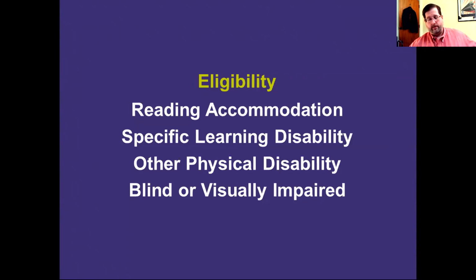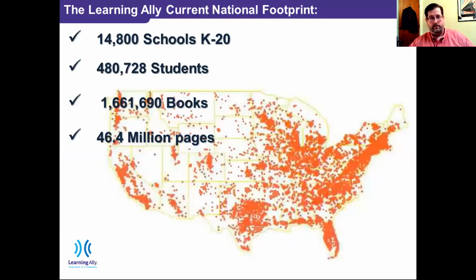Where does this all get us to in terms of Learning Ally? Well, this year, we're serving 14,800 plus schools across the US. Each one of those fuzzy little orange dots represents one of the schools that we're working with. Over 480,000 students nationwide are using our services.